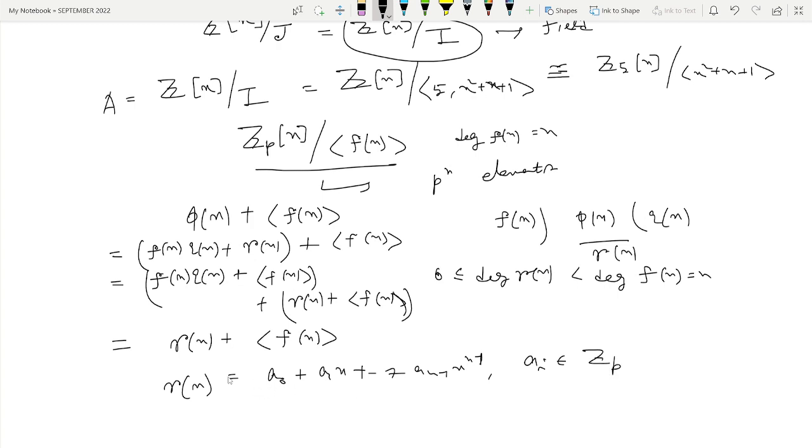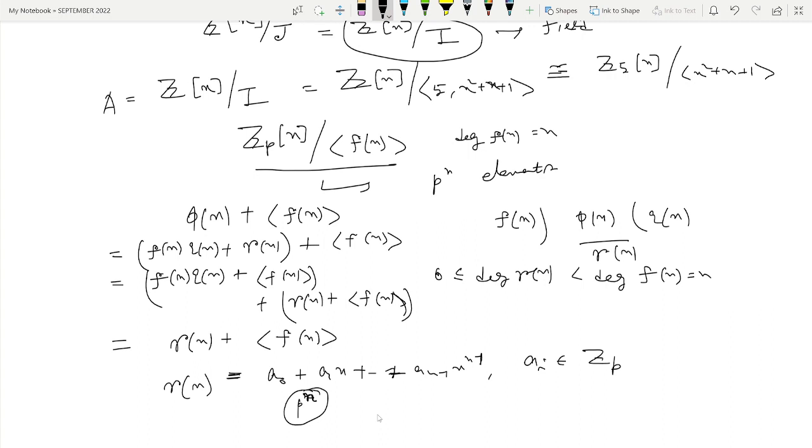So there are p possibilities for a0, p possibilities for a1, and p possibilities for a n minus 1. From the constant term to n minus 1 there are n coefficients, so there are p to the power n such rx.